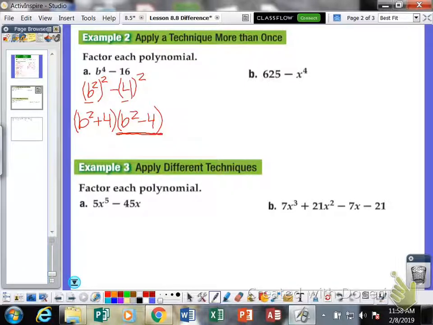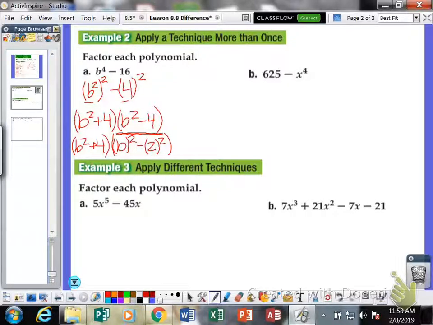So if I were to rewrite this, b squared plus 4, I didn't do anything to that, that stays the same. If I want to rewrite this as a perfect square, it would be b squared minus 2 squared.